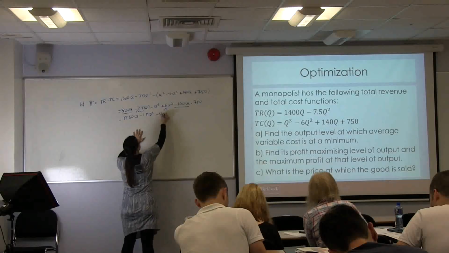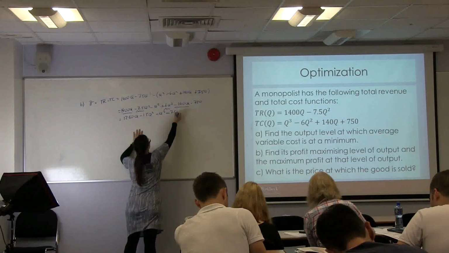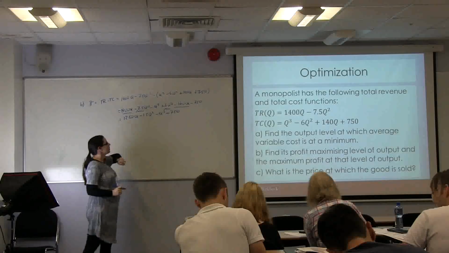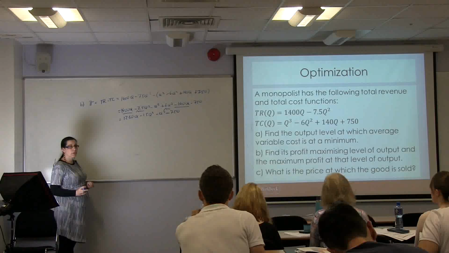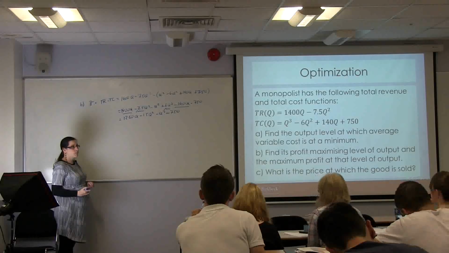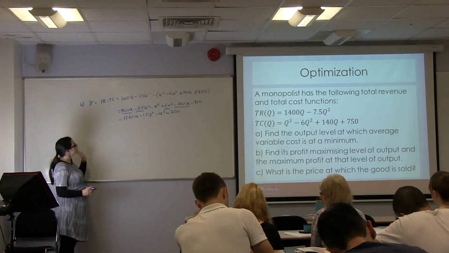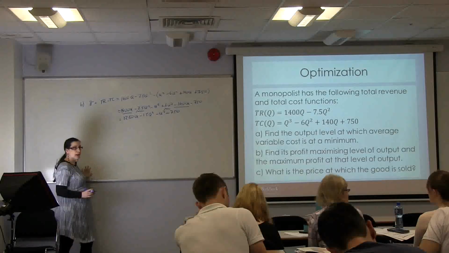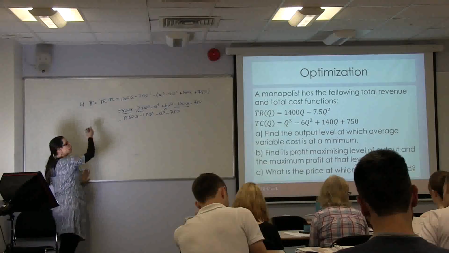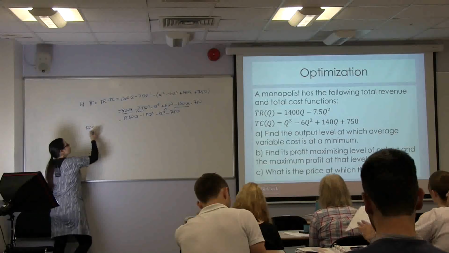And there is no cubic term, and there is no constant term other than those two. Okay? So that's the profit. How am I going to find the profit maximizing level of output? First order condition.